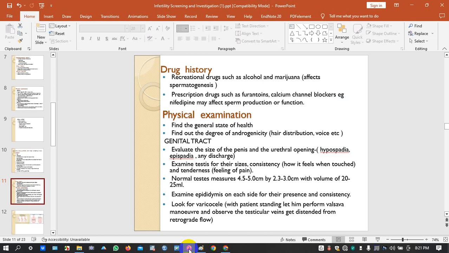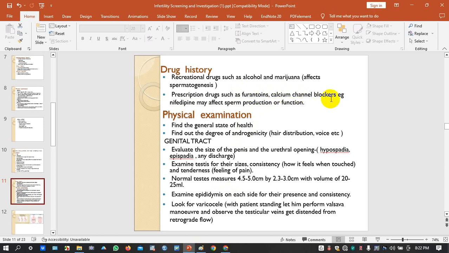So nitrofurantoins are antibiotics for treating urinary tract infection and cystitis.